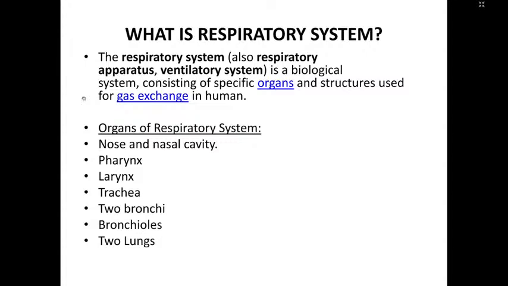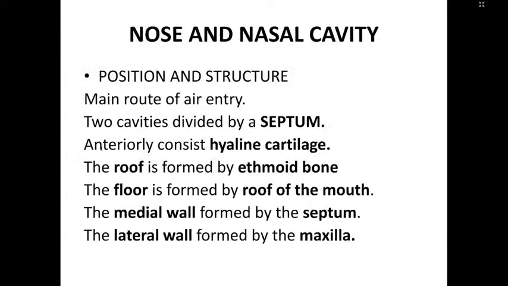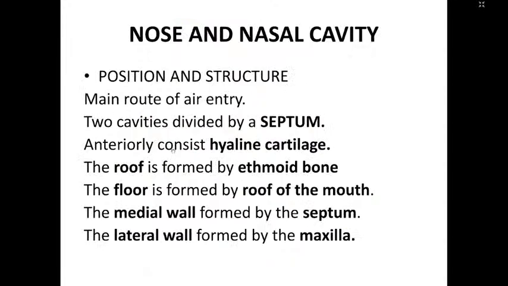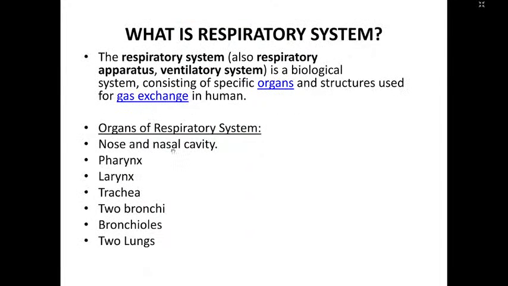The first organ is the nose and the nasal cavity, and we'll slowly, as we go into the slides, discuss in detail. From the tip of the nose, I will just come one or two slides ahead. We'll come to this slide later on. From the nose, there is a nasal cavity, and the details we'll discuss soon.